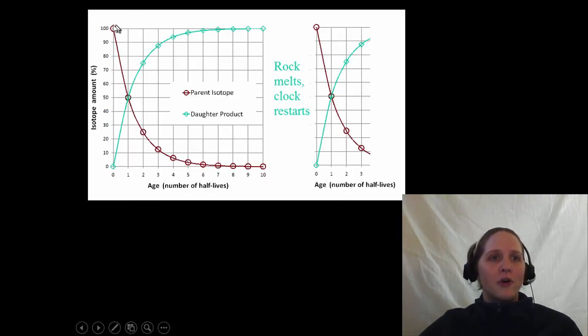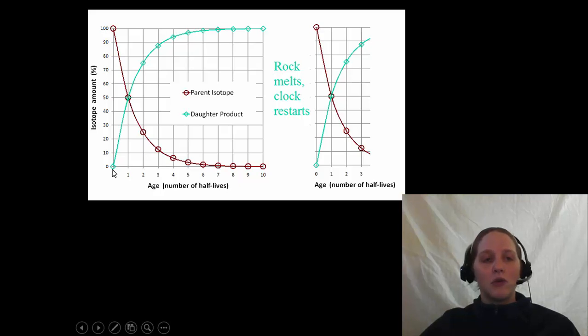So here it is in graph form. You start off with only your parent radioactive element, in this case potassium, and it decreases and decreases and decreases, and it's turning into the daughter element, argon, and it increases and increases. And all you do is when you get your rock and you cut it open, you find the ratio between the blue and the red.